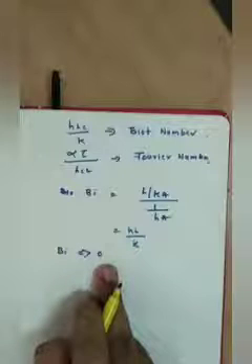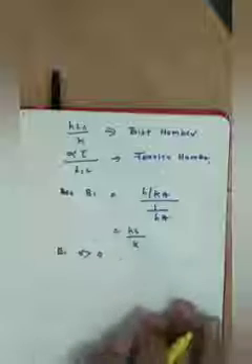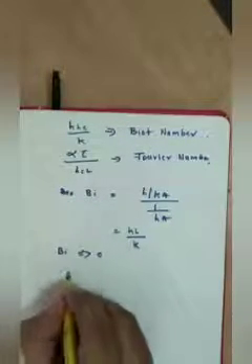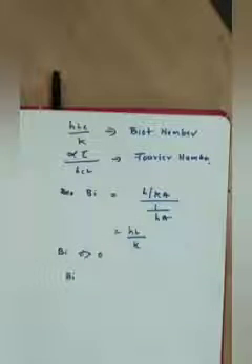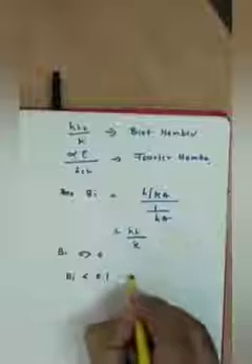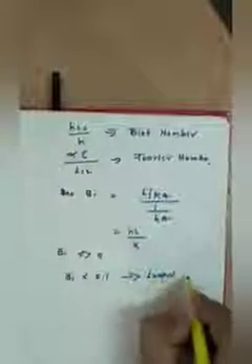But this is not a practical situation, it cannot be a 0 value. So for lumped parameter analysis, we have a condition that if the Biot number is less than 0.1, we will consider that case as lumped analysis.